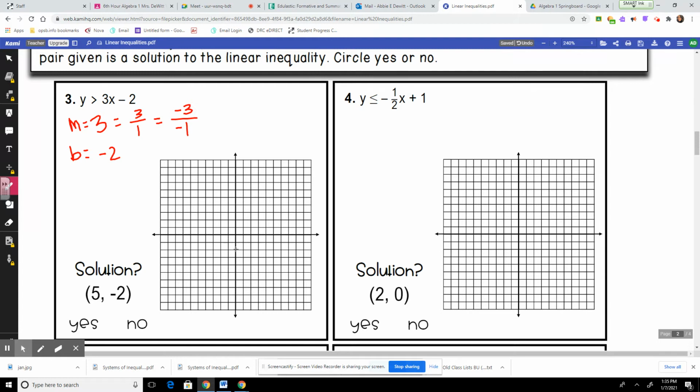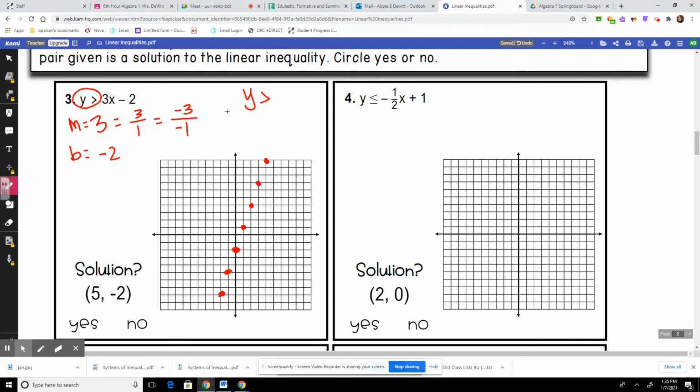So I'm going to go to negative 2 on my y-axis, plot a point to represent my y-intercept. From that point, I'm going to go up 3, right 1. Up 3, right 1. From that point, I can also go down 3, left 1. Now I need to determine, is my boundary line dotted or solid?